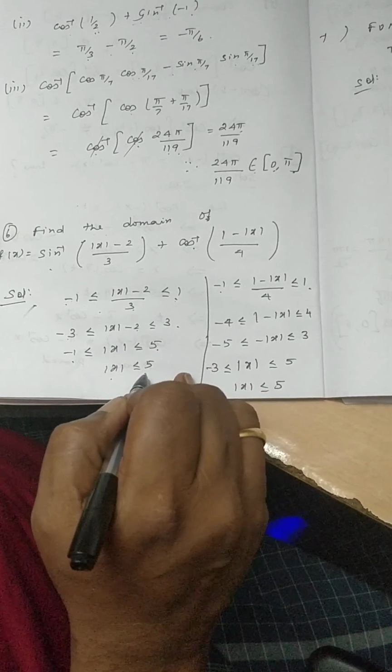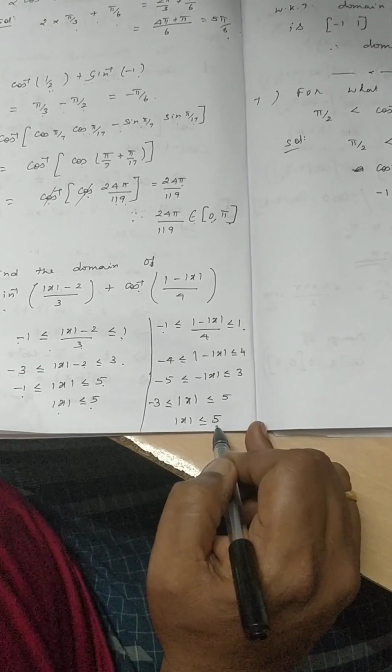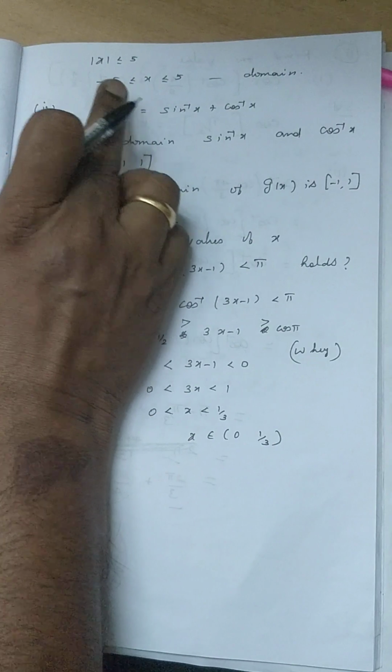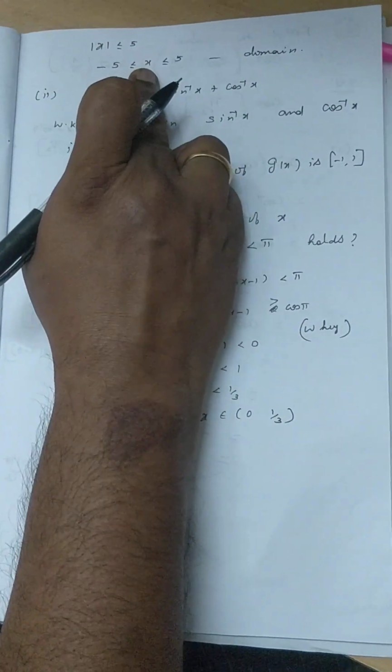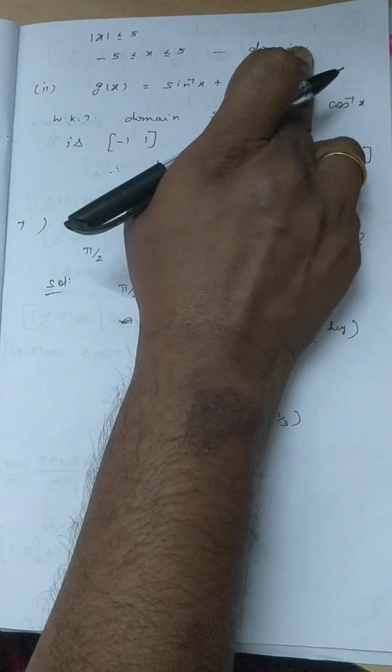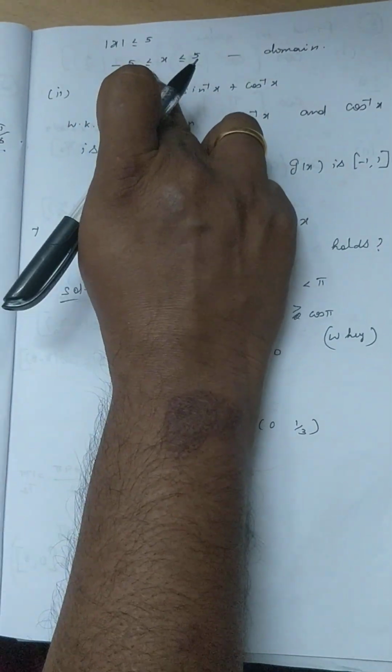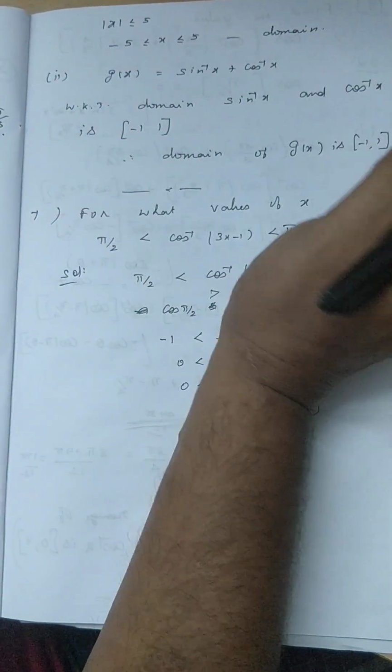Modulus of x less than or equal to 5 means minus 5 less than or equal to x less than or equal to 5, which is the domain.